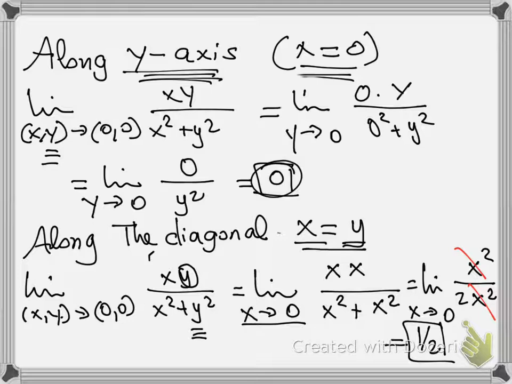But when you approach along the diagonal x equals y, we got half. So that's a different limit. If you take two different paths and you get two different limits, then it means that the limit does not exist.